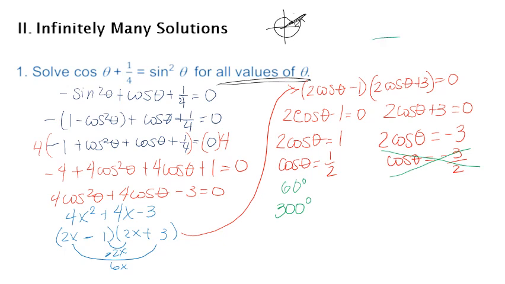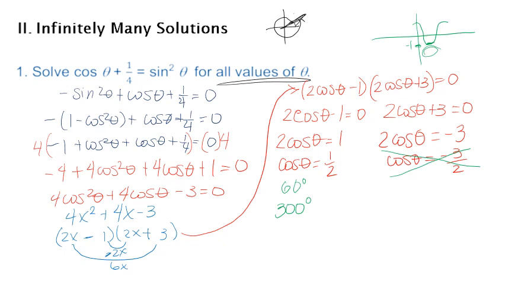If we think back to our graphs of sine and cosine, graphs look something like this. The lowest value on the cosine of theta graph is -1. I would never get down here to -3/2. It's not possible on my graph of cosine. So this actually never happens where the cosine of theta is -3/2.